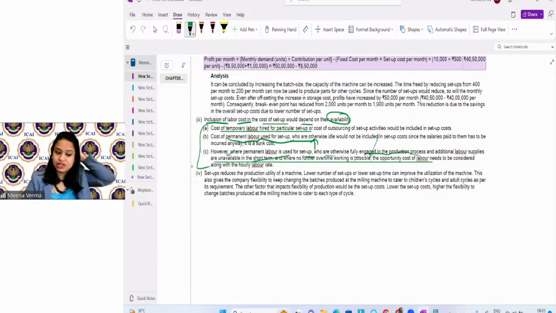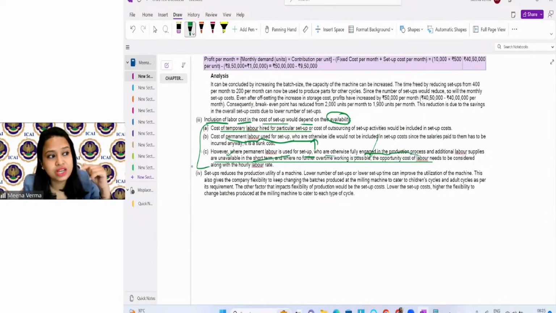So permanent labor who is engaged in production, and you called him for the setup, his opportunity cost will be considered, because he is actually not working in the production. You are interrupting the production process and calling the labor to first set up the machine, then go and do the production.